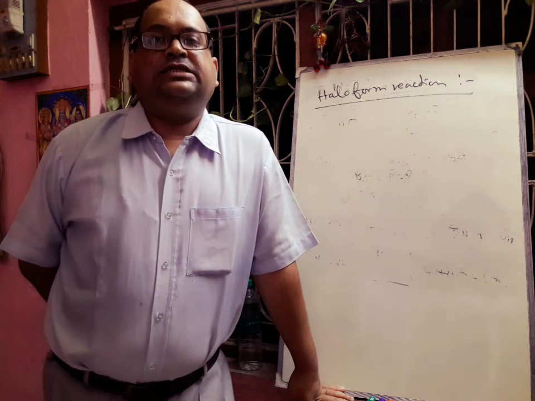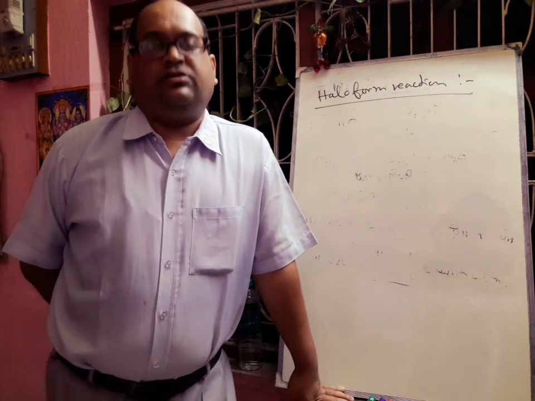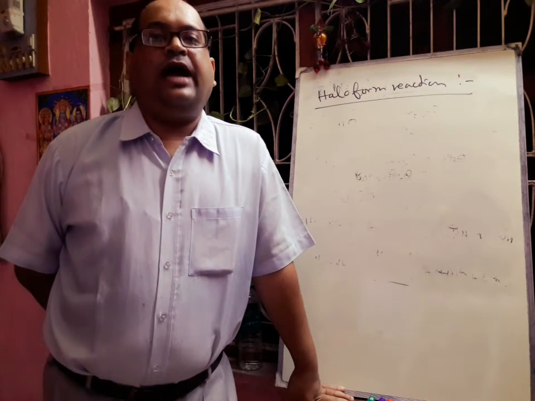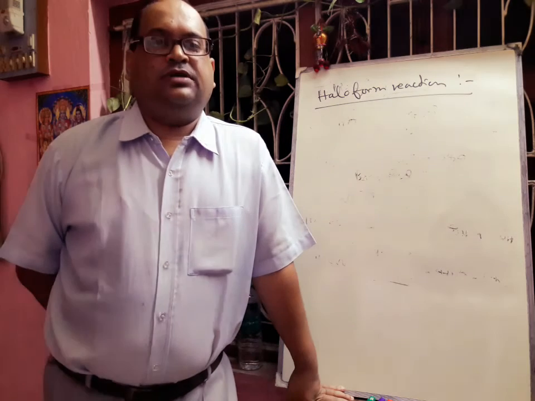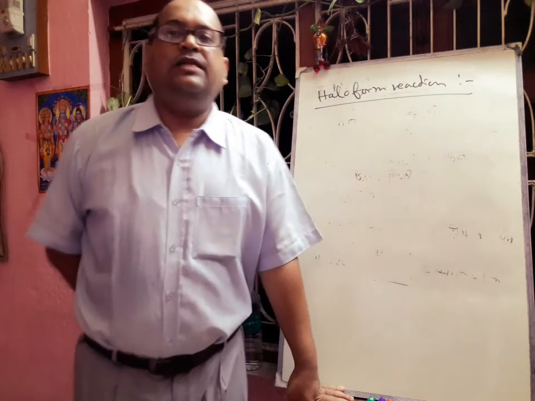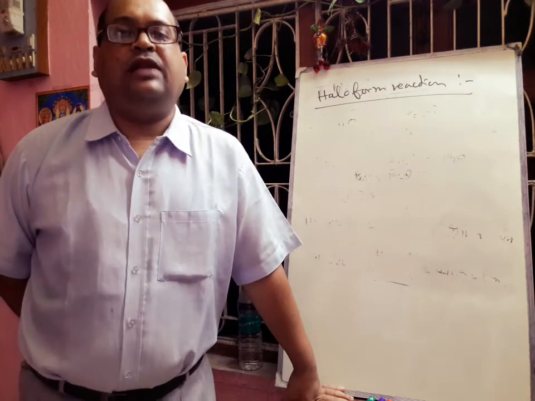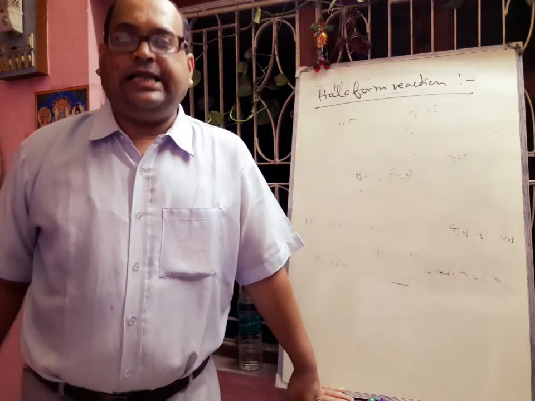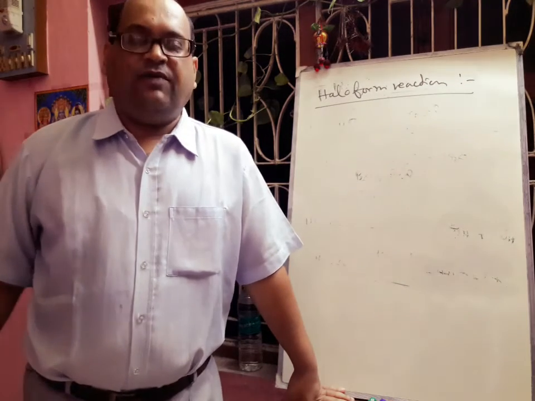Actually aldehydes and all methyl ketones can be easily oxidized by sodium hypohalite solution, that is chlorine, bromine, iodine in presence of sodium hydroxide, to yield haloform. Haloform may be chloroform, bromoform, iodoform, and the reaction is known as the haloform reaction.